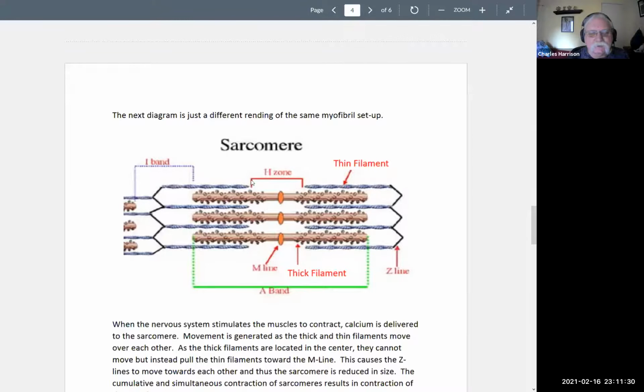The H zone is the only one that has only thick filaments. The A band has both thick and thin filaments.